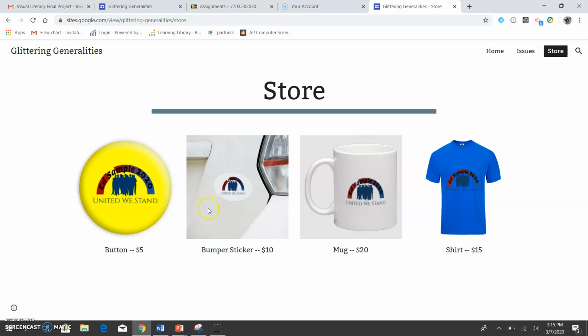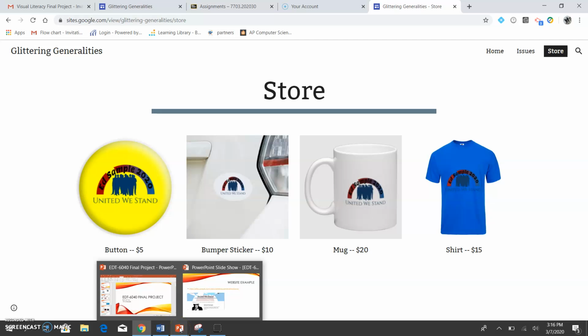Obviously, we're not selling these items, but you can see some common items that candidates will sell and the students will design. So they have to keep in mind what party they are supporting, all these other things as well.